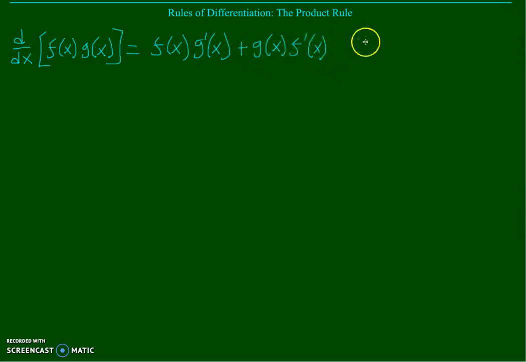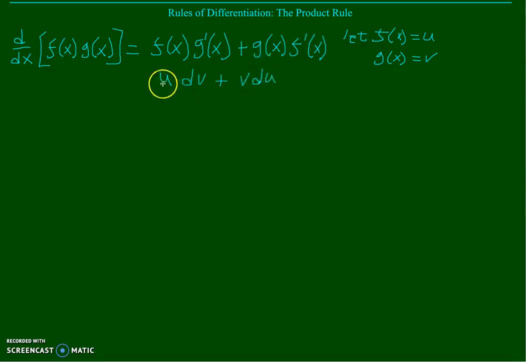Now the way I like to think of this is if we let f of x be equal to u and g of x equal to v, then what we end up having is u dv plus v du.